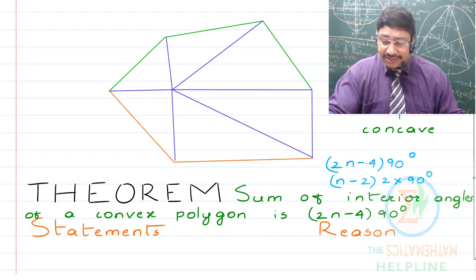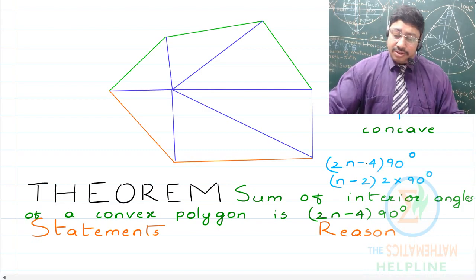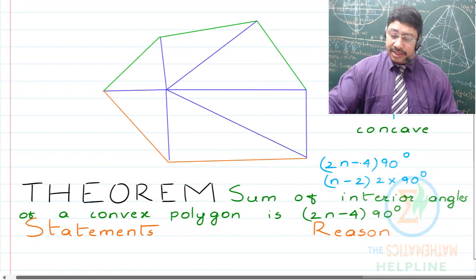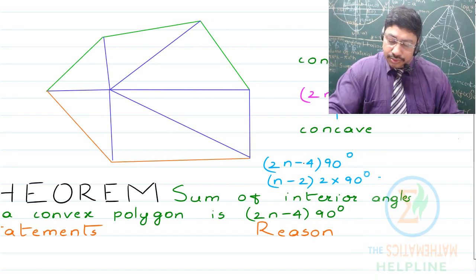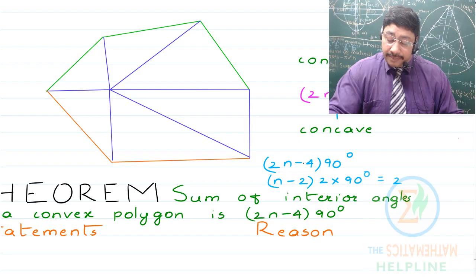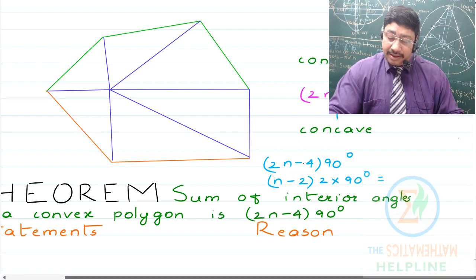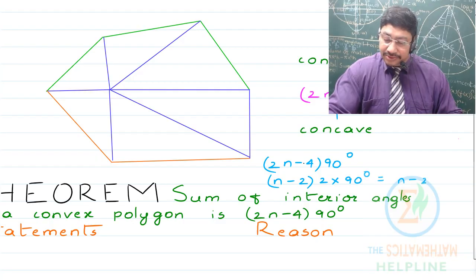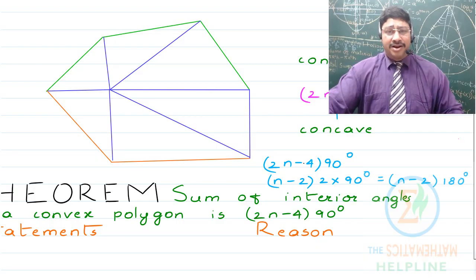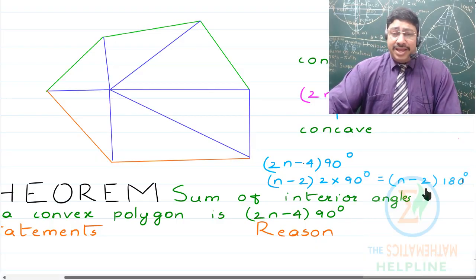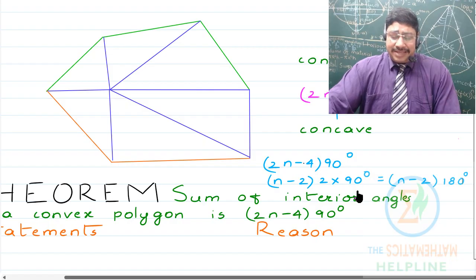So this can be written as n minus 2 multiplied by 180. So you can say n minus 2 times straight angles, because an angle on a straight line is 180. This is another way these angles can be talked about.